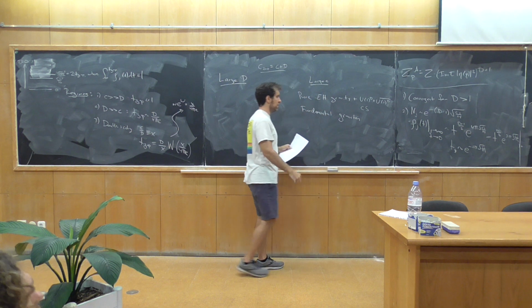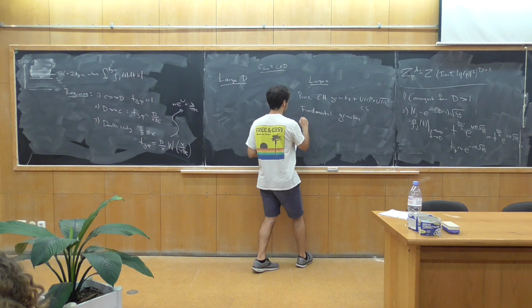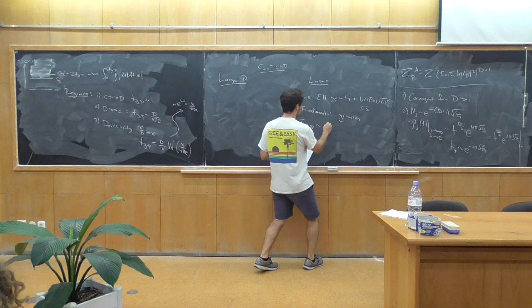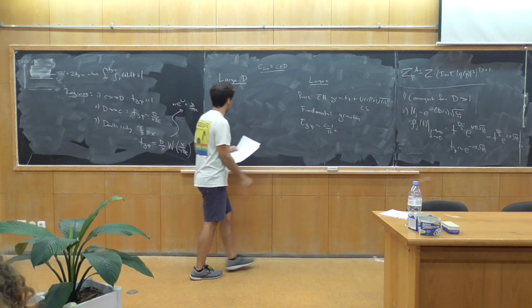In this limit, the graviton is a fundamental particle in the bulk. Really, it's a boundary graviton, but that's the usual story in 3D gravity. And the gap is C minus 1 over 12 plus corrections.